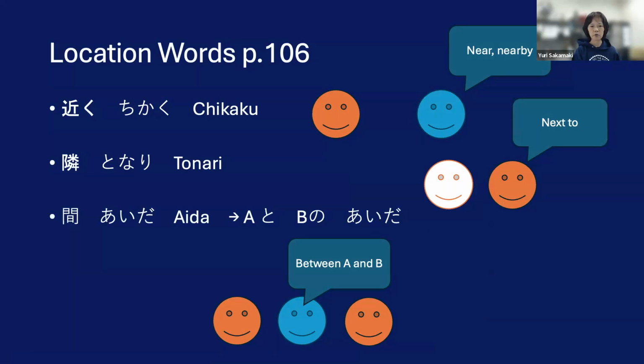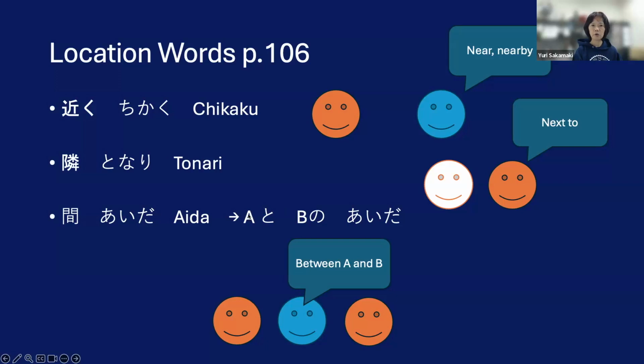And the last location word is in between A and B. So you need 2 reference points in order to use 間, because you want to say an object you're talking about is between 2 things, A and B. So you're going to use A, whatever that might be, and then the particle と, which connects 2 nouns.